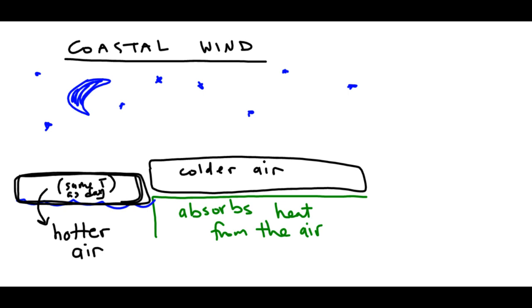So the hotter ocean air ends up getting pushed up, and the cold air takes its place at the coast, where we have the mixing of the two. So the hotter air rises, right? Heat rises. Things that are less dense rise. The colder air fills its space, and this causes winds in the other direction.